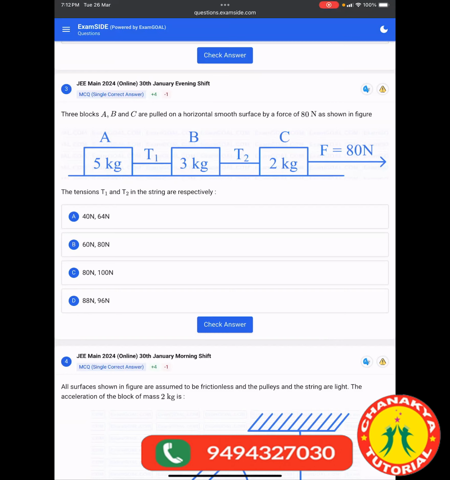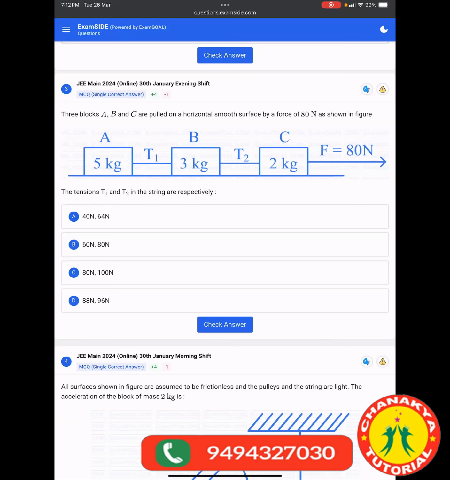For Shreyuta, the equation is 80 minus T2 equal to 2 into A. For Xavier, it is T2 minus T1 equal to 3 into A. Samhita, tell me for the block. T1 is equal to 5A. Very good. So solve now the 3 equations. Tell me the value of T1 and T2.